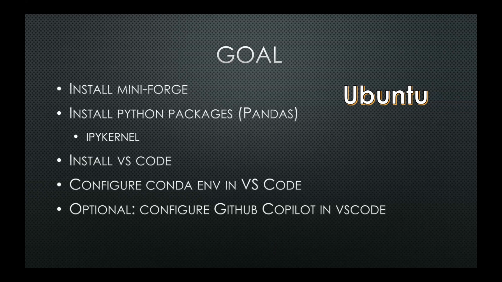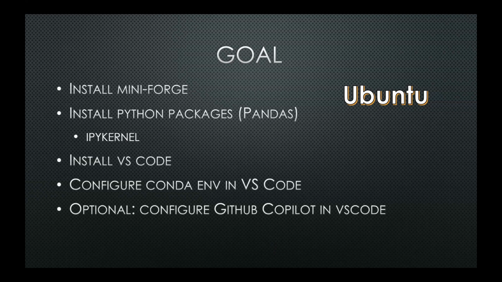So you have a fully open source alternative, which is called Miniforge. Another difference is that Anaconda software is hosted on Conda servers, while Miniforge is hosted on Conda Forge servers.